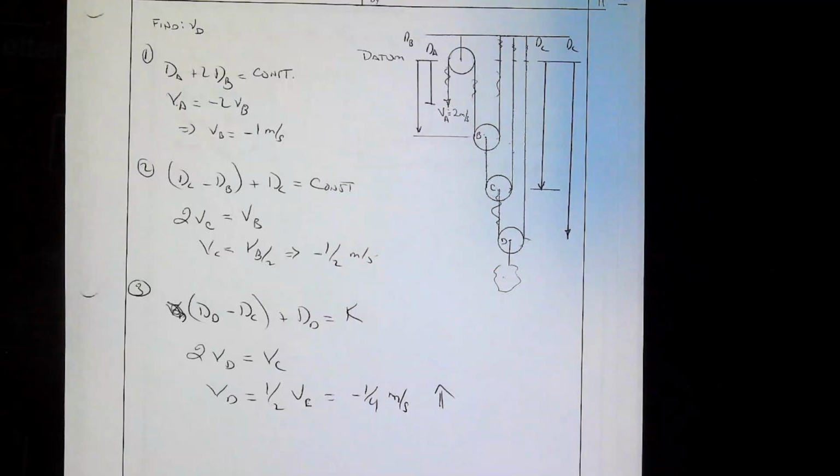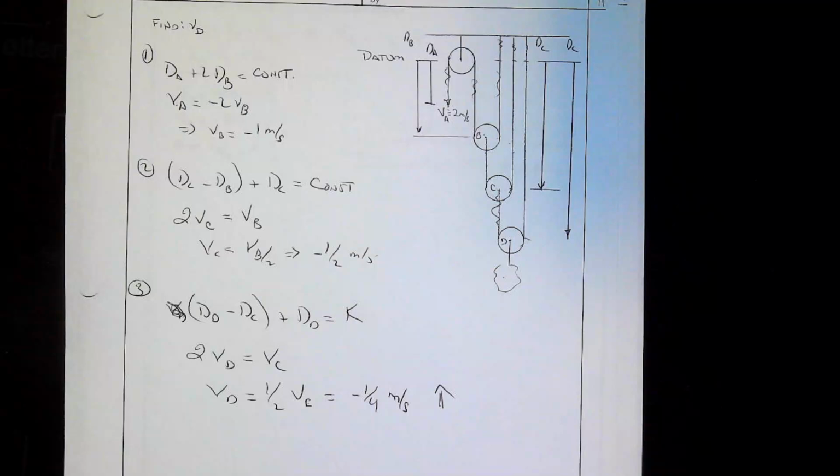So now let's look at this one. We've just done rope 1, so that makes this rope 2 in my world. So let's see. This is dC down to here, but that's dB to there. I need this distance. So that's dC minus dB plus another dC. So I have dC minus dB bracket plus another dC is a constant.